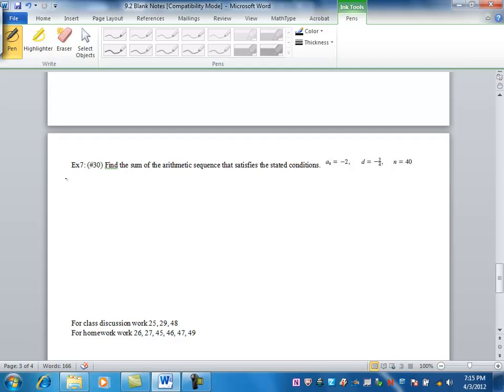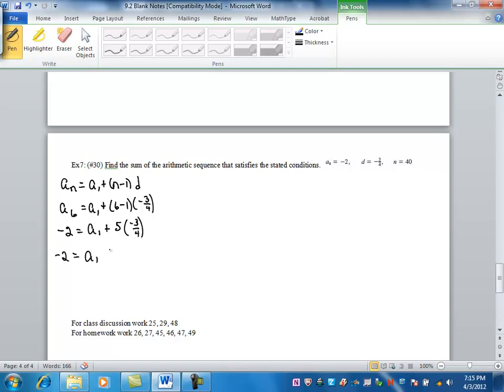We're going to have to ask for help from the formula that says a sub n equals a sub 1 plus n minus 1 times d. Because you see, we know a sub 6, we're looking for a sub 1. We know that 6 is n and that d is -3/4. a sub 6 we know is -2. This equals a sub 1 that we're looking for plus 5 times -3/4.